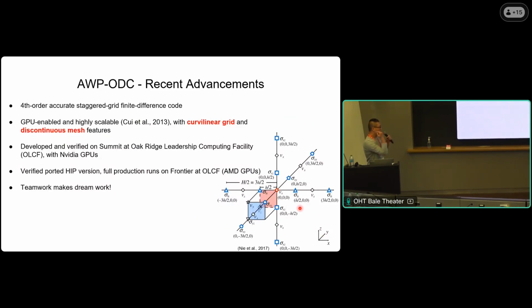It means that when we're solving the velocity and stress equations, the wave equation, the locations of the velocities and stresses are not at the same place. They're not co-located. They're offset by half a grid point. That's why we call it a staggered grid finite difference. There are pros and cons to this method, but I think there's more good than bad. So that's why we still love it.